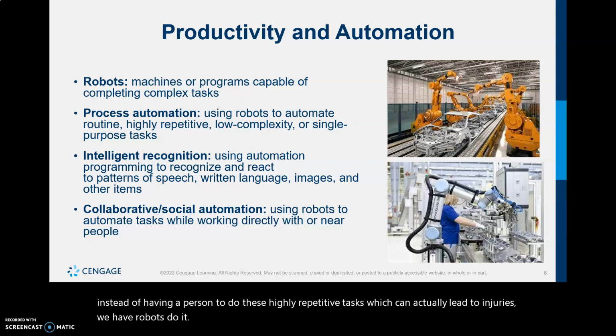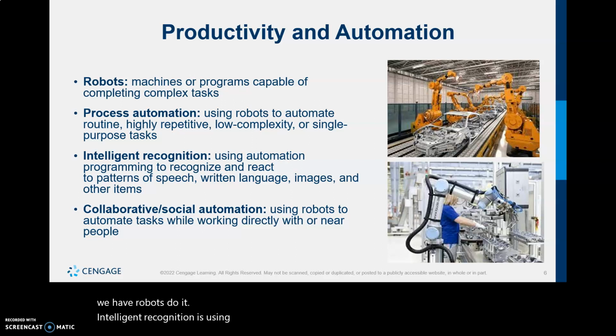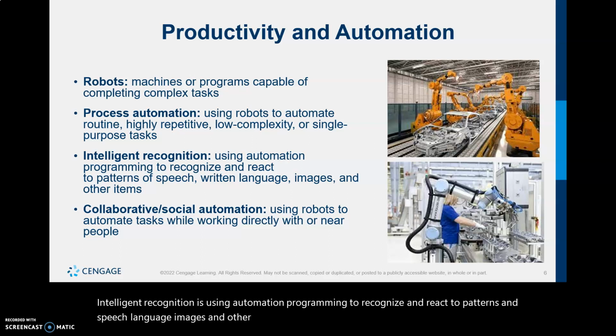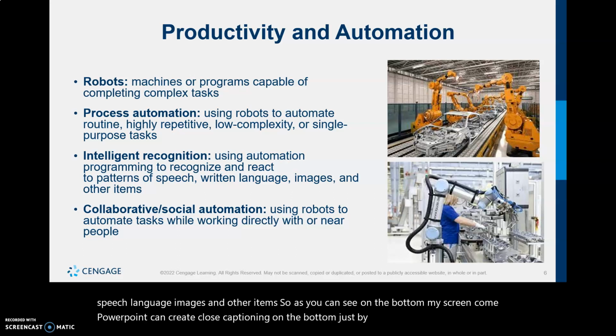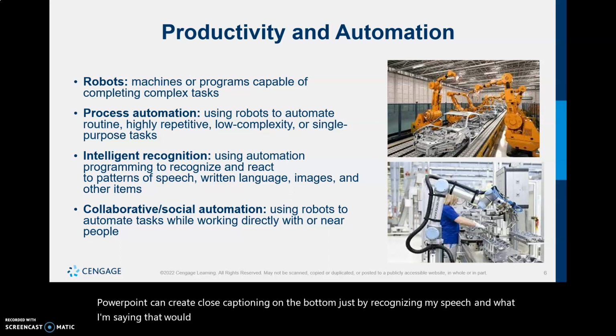Intelligent recognition is using automation programming to recognize and react to patterns in speech, language, images, and other items. As you can see on the bottom of my screen, PowerPoint can create closed captioning just by recognizing my speech and what I'm saying. That would be an example of intelligent recognition. And then collaborative or social recognition is when humans and robots work together.